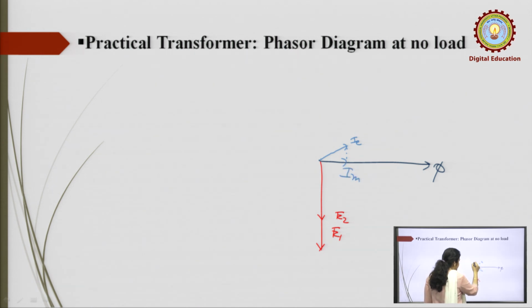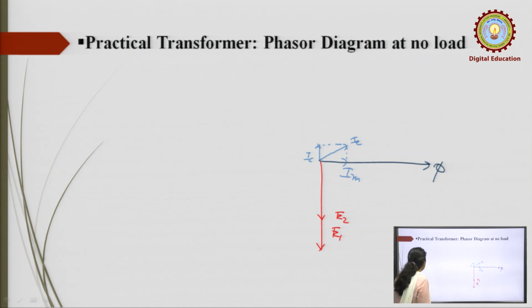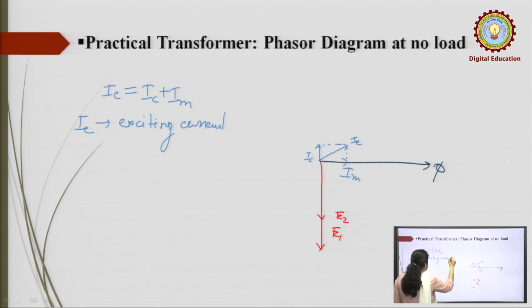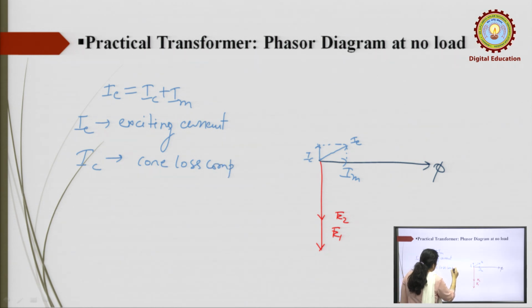Suppose this is Im and this is Ic. That means I is the phasor sum of Ic plus Im, where I is called the exciting current, Ic is the core loss component, and Im is the magnetizing current.